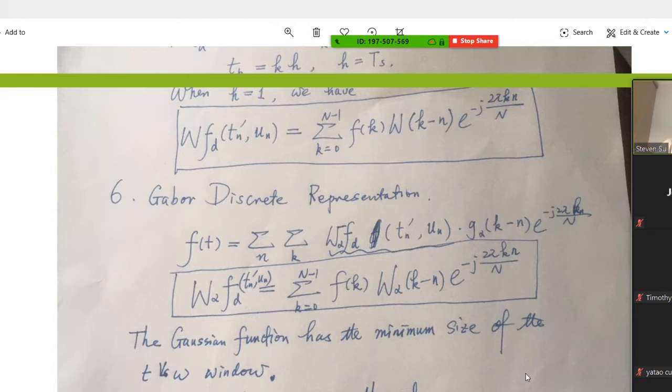But in real situations there are lots of signals that are not smooth, for example the step signal. In that case, if we want to represent or approximate the signal, this is not efficient.